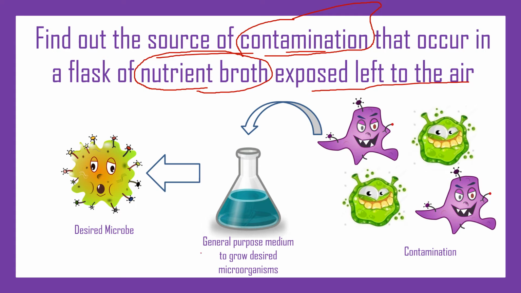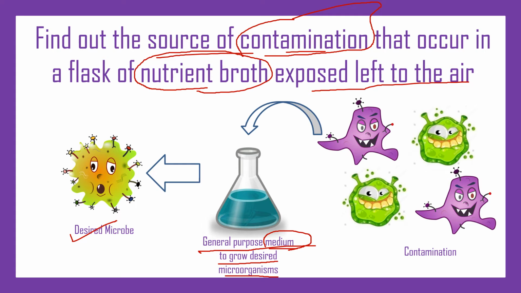Nutrient broth is the general purpose medium that is used to grow desired microorganisms. So medium, that means a source or medium in which the microbe can grow, but we are talking about the desired microbe, the microbe which is beneficial for us, which gives us the product that is beneficial to us.